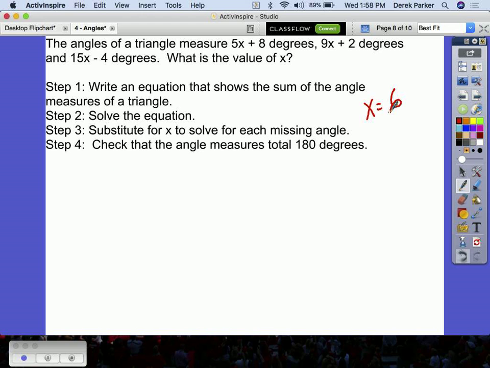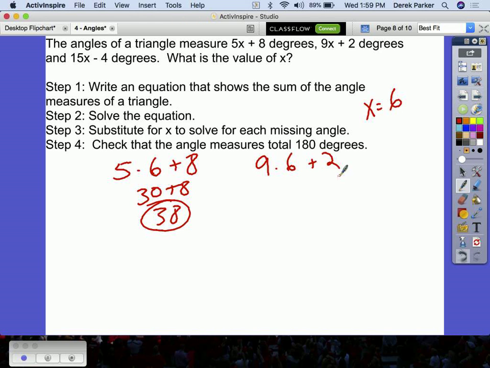First one, 5 times 6 plus 8. 5 times 6 is 30, plus 8, you get 38 degrees. So this one is 38 degrees. Next, 9 times 6 plus 2: 54 plus 2, that is 56 degrees. This one's finished, this one's finished.